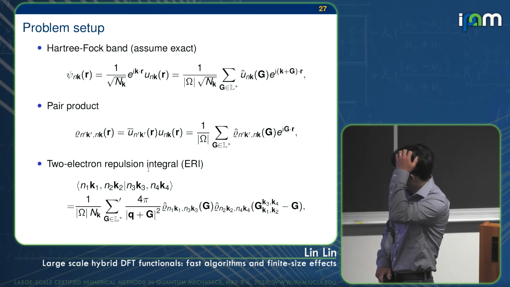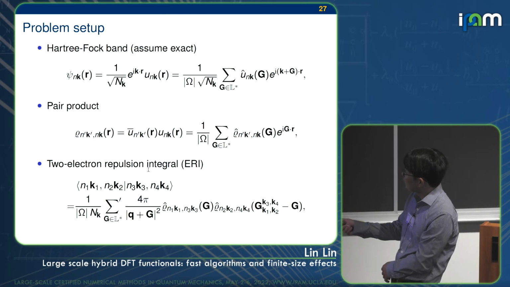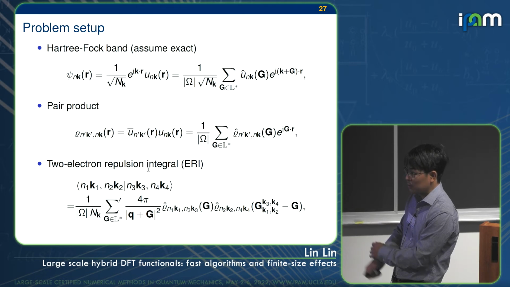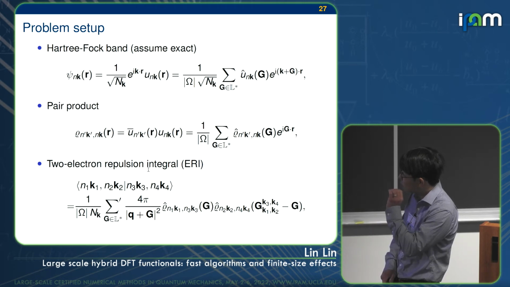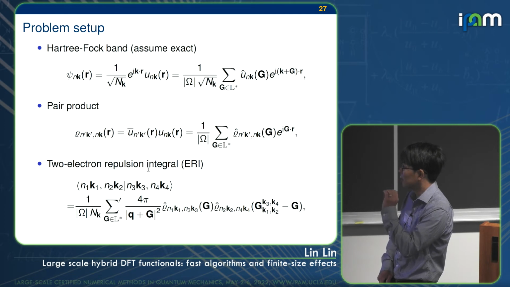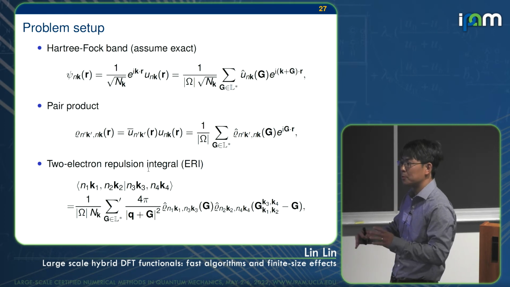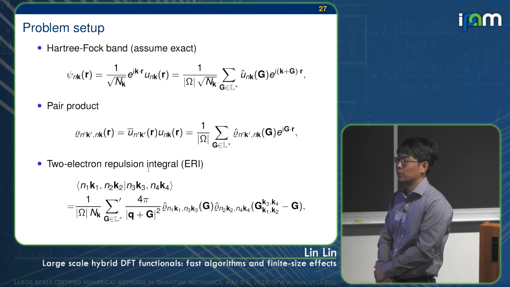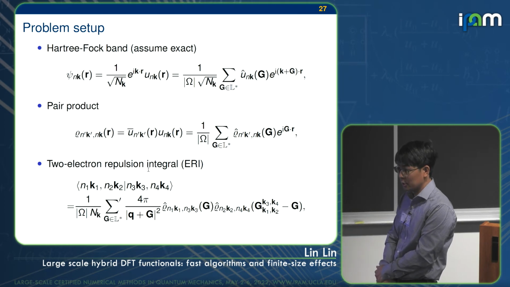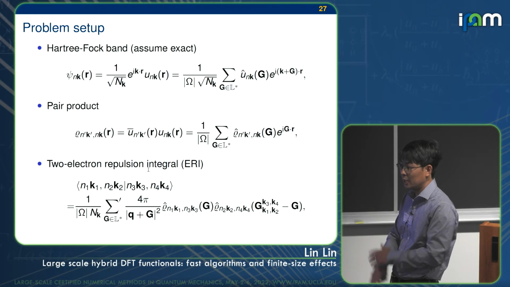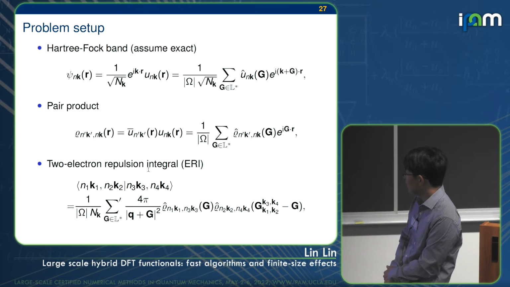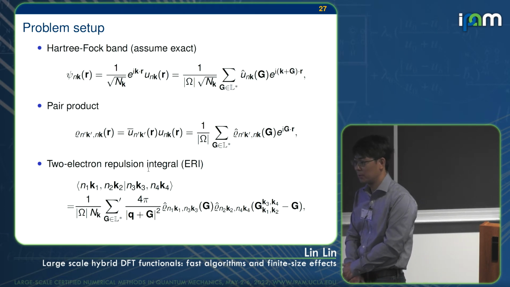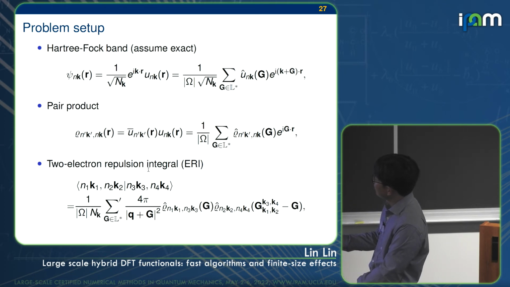Further, some setup. So we consider the Hartree-Fock band. To address David's question earlier, we assume that the Hartree-Fock bands or the wave functions are obtained exactly, which means that the corresponding error to the kinetic energy is negligible. Of course, that's an assumption, but even under this assumption, the finite size scaling still causes a lot of headache. So this is the non-periodic version of the Hartree-Fock band.